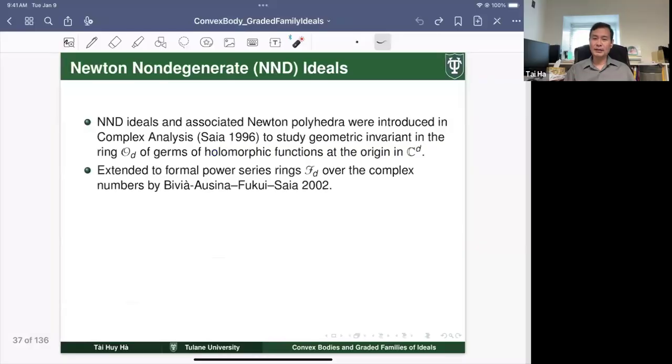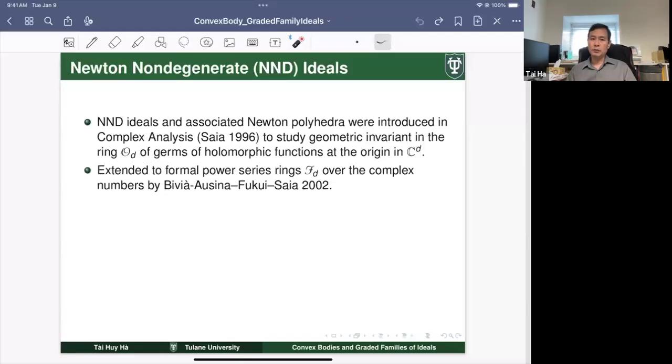Okay, so let me move on to what I mentioned as the Newton non-degenerate ideals, and I'm going to abbreviate it by NND. So Newton non-degenerate ideals and associated Newton polyhedra were introduced in the context of complex analysis to study geometric invariants of the rings of germs of holomorphic functions at the origin.